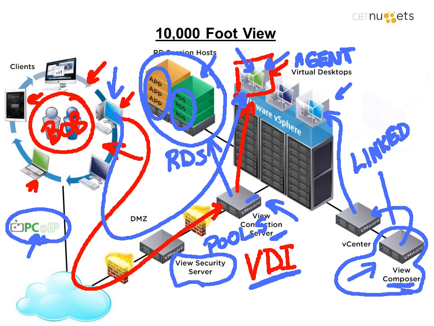So in this topology, we have a firewall, then we have our security server, so Bob can have a secure connection from the internet all the way to the security server, and then a further connection into the connection server, and then access into his virtual desktops or remote desktops or apps, or the XenApp and XenDesktop resources that are available to him that he's been entitled to go ahead and use.